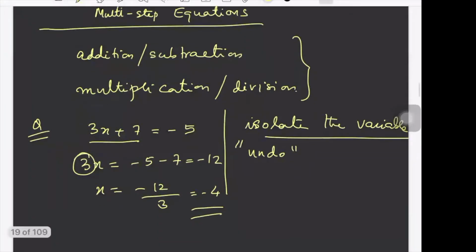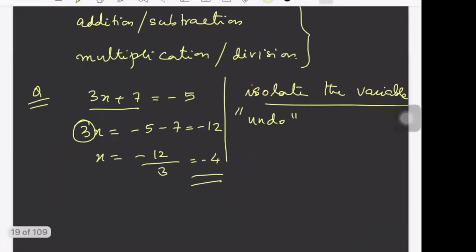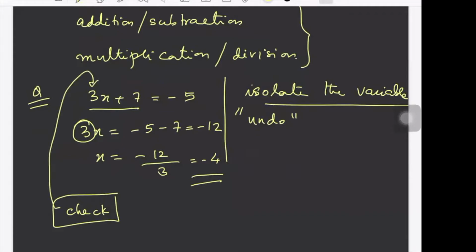Now, one thing I want to reiterate is it is always better to check your answer by substituting it back in the original question. Always check your answer by substituting the answer in the original question. Please substitute the answer in the original question and do let me know whether it satisfies.